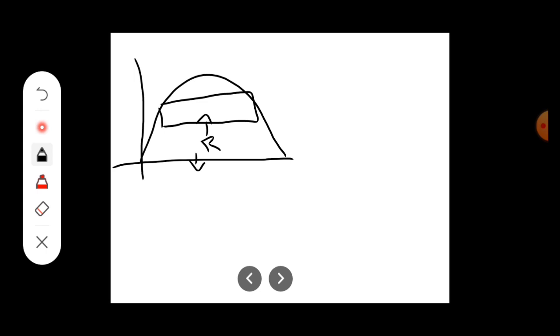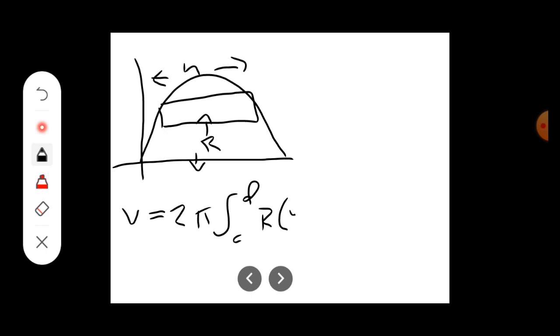The height is parallel to the axis of rotation. So this is height. So the volume is V is equal to 2 pi integral from c to d of r of y times h of y dy. So keep this in mind: if you want to rotate the curve about the x-axis, the radius and the height have to be in terms of y for this to work.